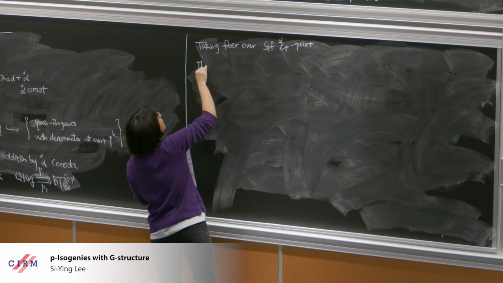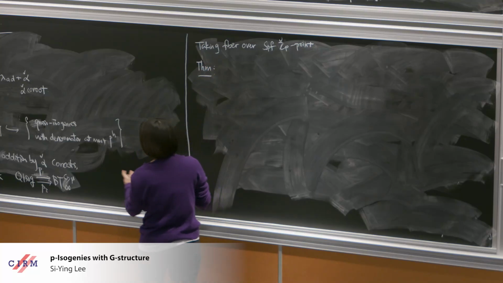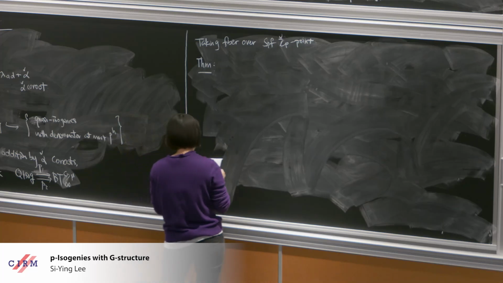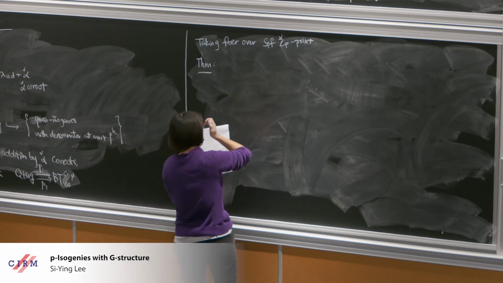So the theorem that we have is that what you get is going to be a p-adic formal scheme which is formally smooth over this guy.